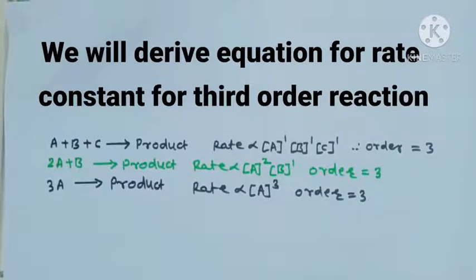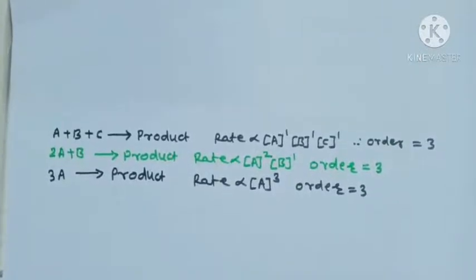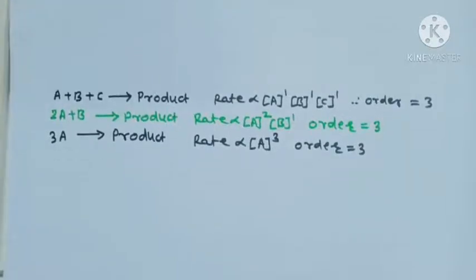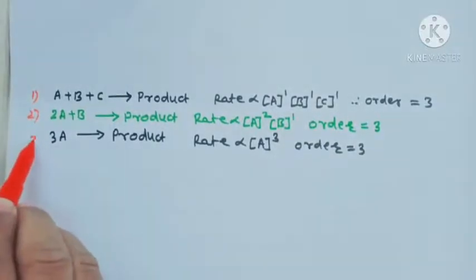Okay, so we have third order reactions. These are the three various possibilities, and we will derive the equation for rate constant for this third order reaction, first, second and third.